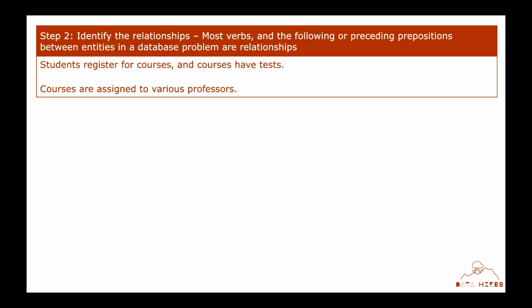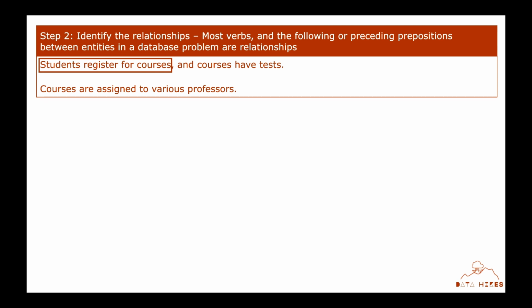The second step is to identify relationships. Most verbs and their following or preceding prepositions between entities in a database problem are relationships. For example, we can look at each section of the problem one by one. Students register for courses. We have two entities here, student and courses, and the verb phrase between the two is register for.